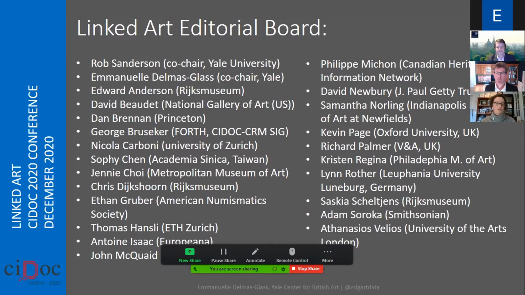The linked art initiative has developed a bit of a governance model, if you will, and the editorial board meets or tries to meet several times a year, at least on the phone, very frequently, every other week, but in person at least once or twice a year, to tackle real data questions, as Rob just mentioned, and provide answers for those questions with the linked art data model.